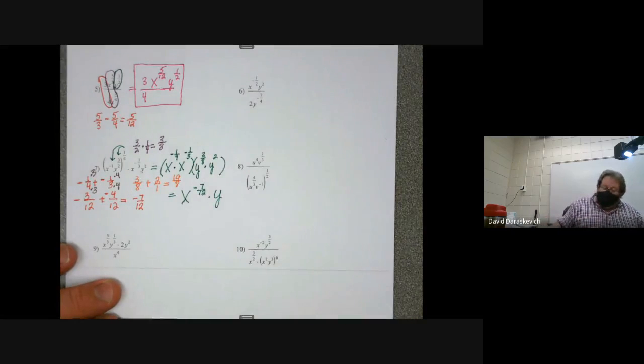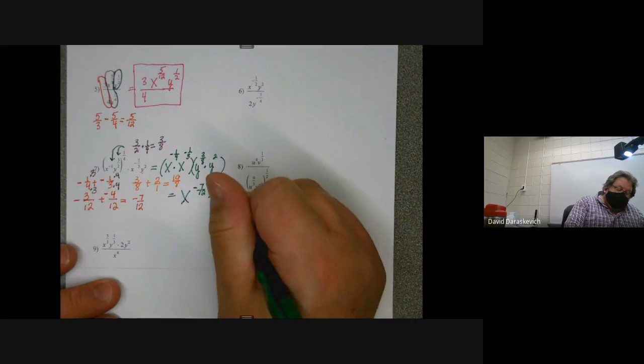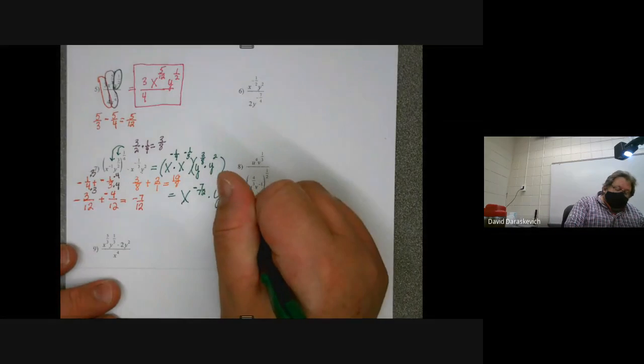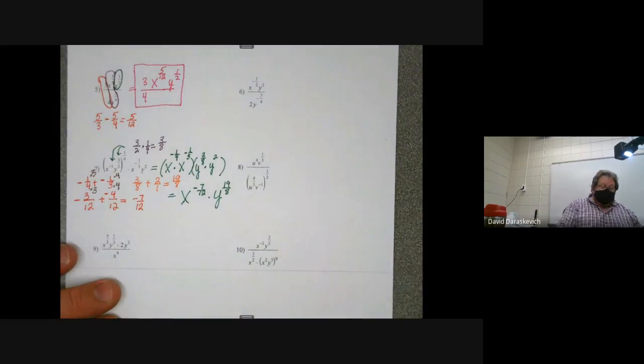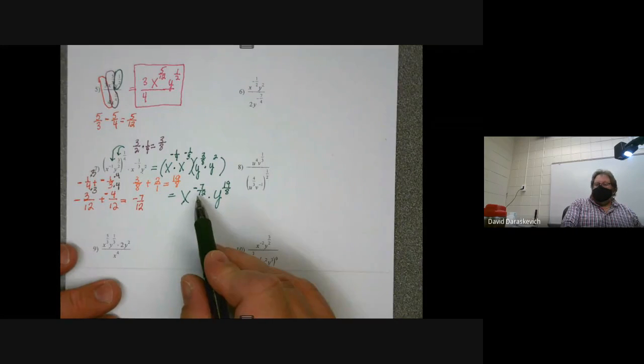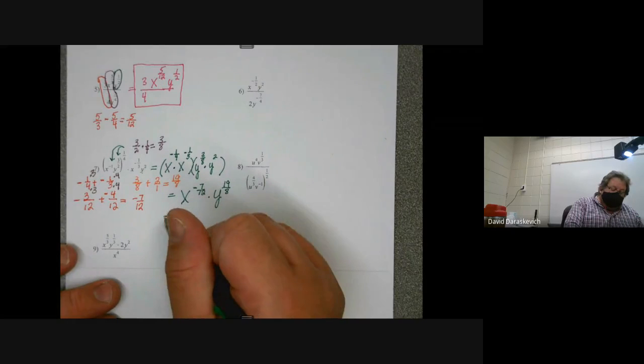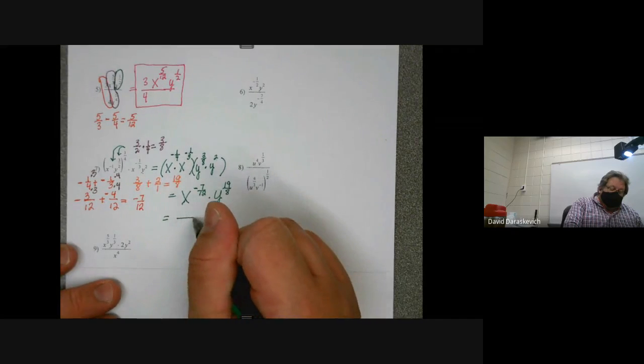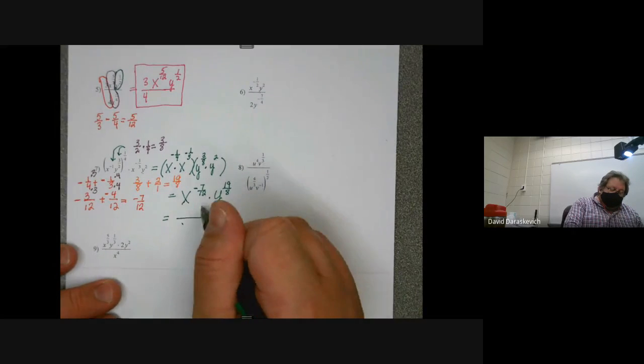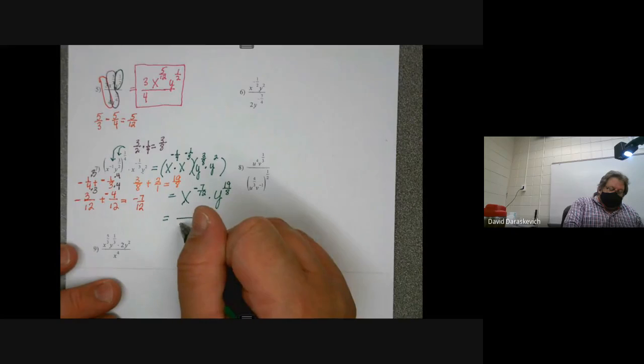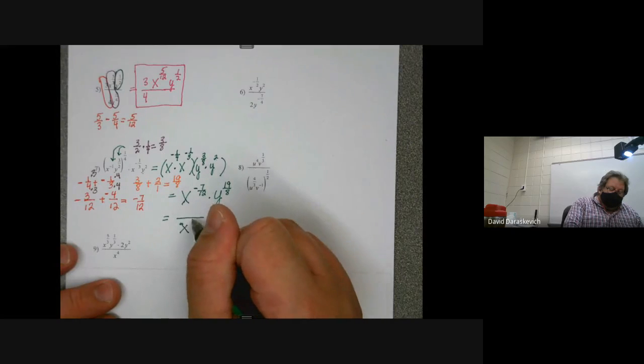So my y is 19/8. And now I'm going to change that -7/12. I need to put it in, remember that's over 1.